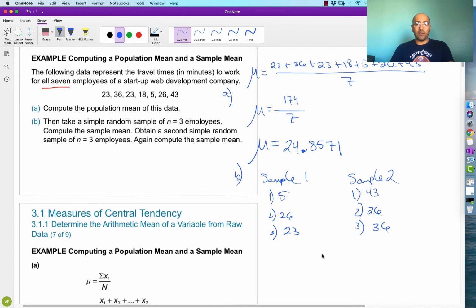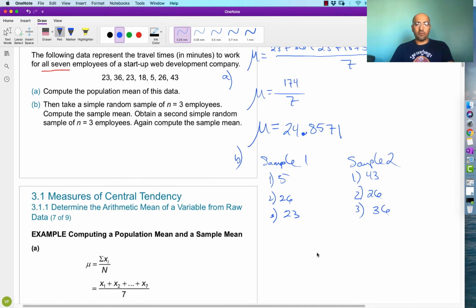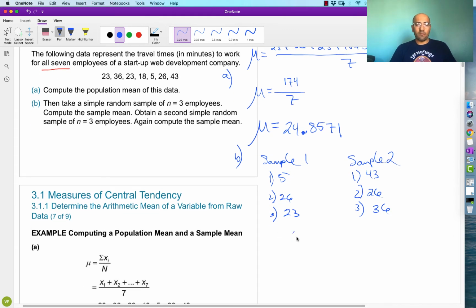Now we find the sample means for each one of these. The formula is very straightforward. x bar sub 1, sample 1, is equal to 5 plus 26 plus 23 divided by 3.